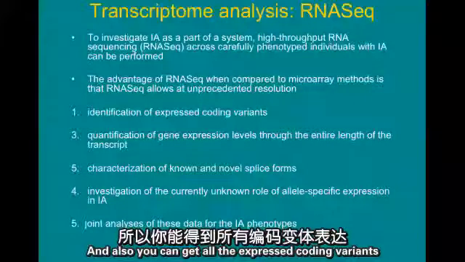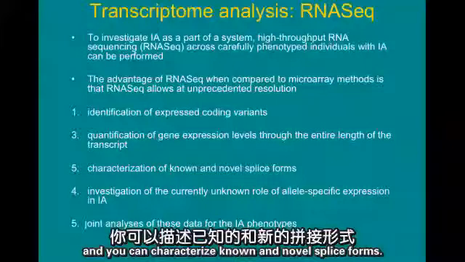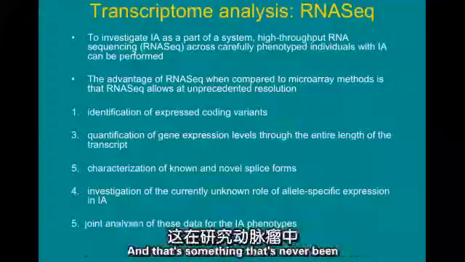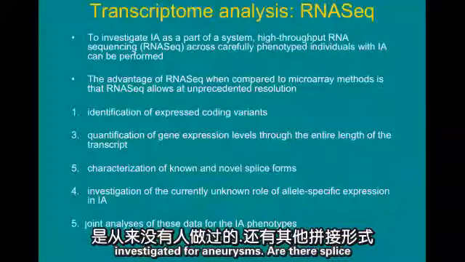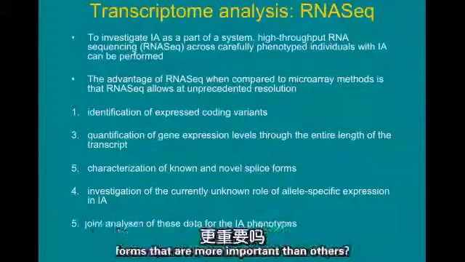And also you can get all the expressed coding variants, and you can characterize known and novel splice forms, and that's something that's never been investigated for aneurysms, whether splice forms are more important than others.